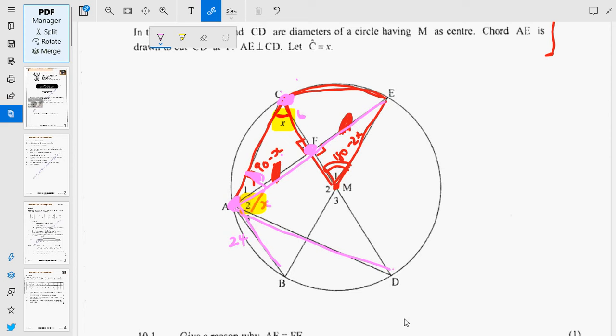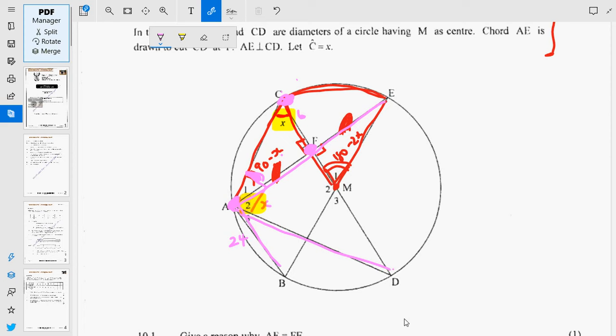Remember, the midpoint theorem says the line joining the midpoints of two sides of a triangle is parallel to the third side of the triangle and equal to half of the length of the third side.